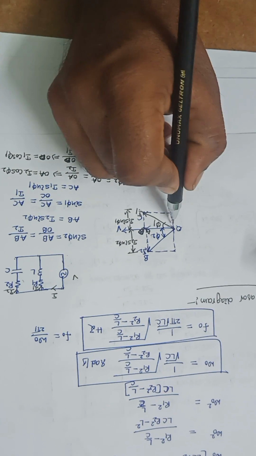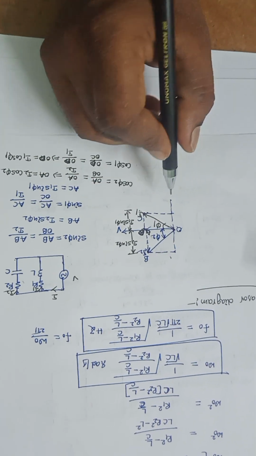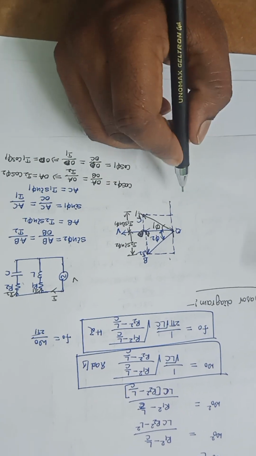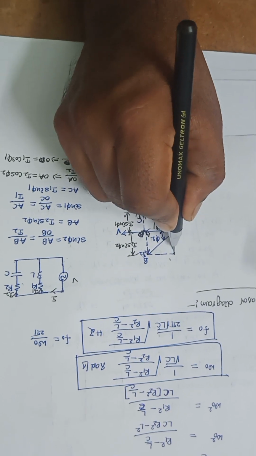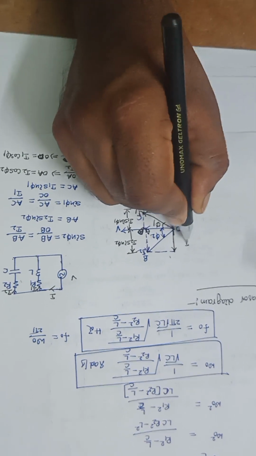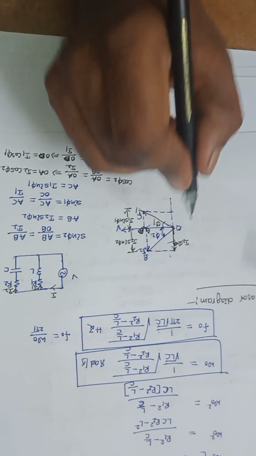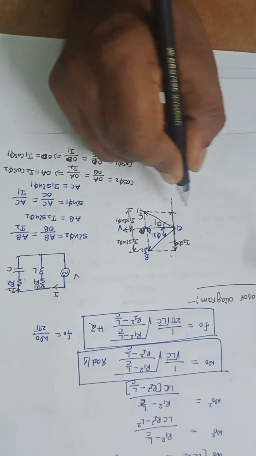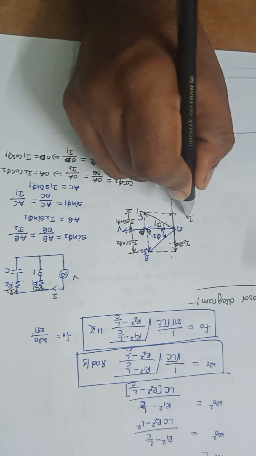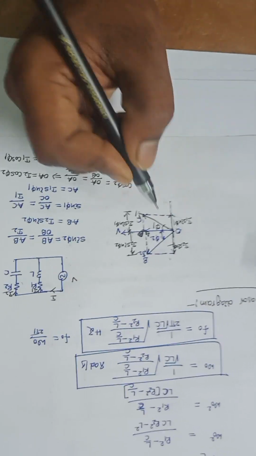Here, these are the reactive components. This reactive component is I2 sin phi 2, and this reactive component is I1 sin phi 1.